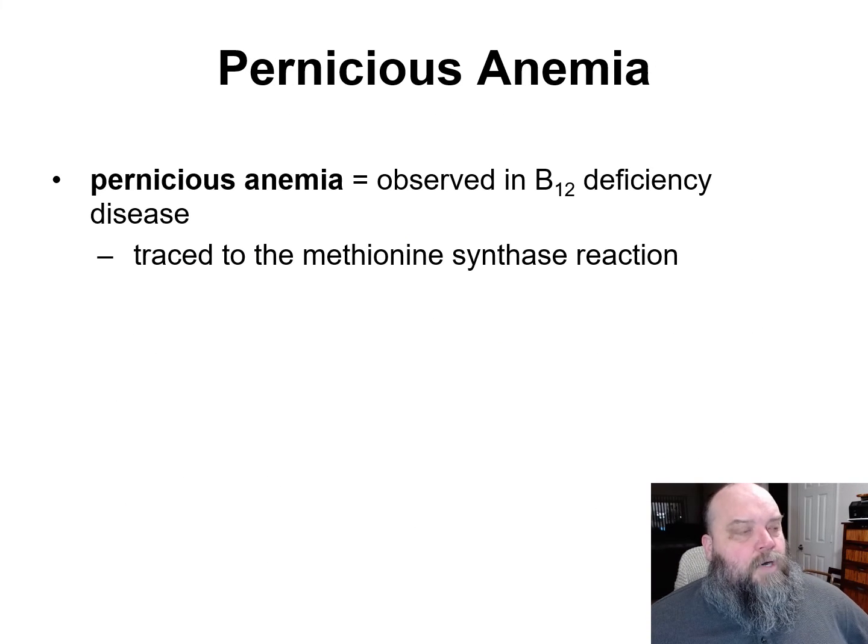Your textbook likes to bring up different human diseases, human deficiencies, based on a lot of these metabolic pathways. Well, one of them, as we see here, is deficiency in B12, the folate. Pernicious anemia.